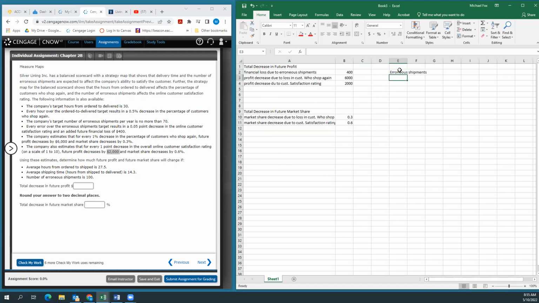So we have, let's see, our target errors is no more than 70 per year. It's from right here. And then our actual errors is 100.